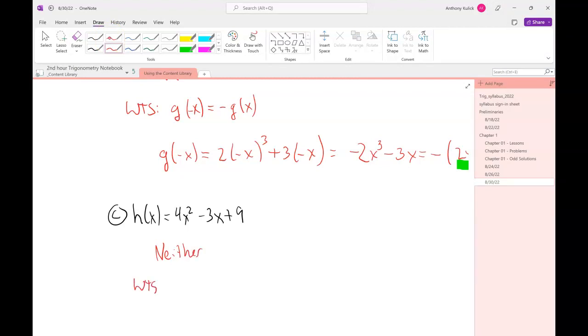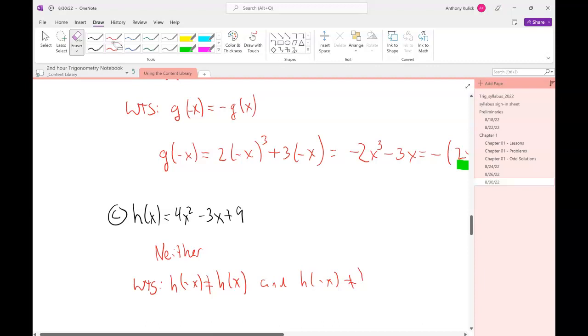All right. What do I have to do to show something is neither? Let me check. f of x equals negative f of x. Well, nope. We have to show that it's not even, and we have to show that it's not odd.